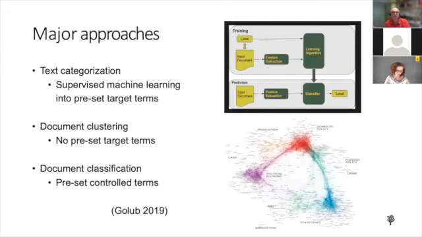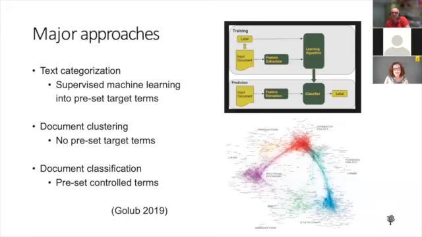Now, the reason we talked about it is because it's important to understand the differences between approaches in automated subject indexing and classification. There are different ways in which we can categorize the approaches. The way they're categorized here is with their application for libraries in mind. The most common research approach is often called text categorization, although you will find other terms for each of these approaches in the literature.